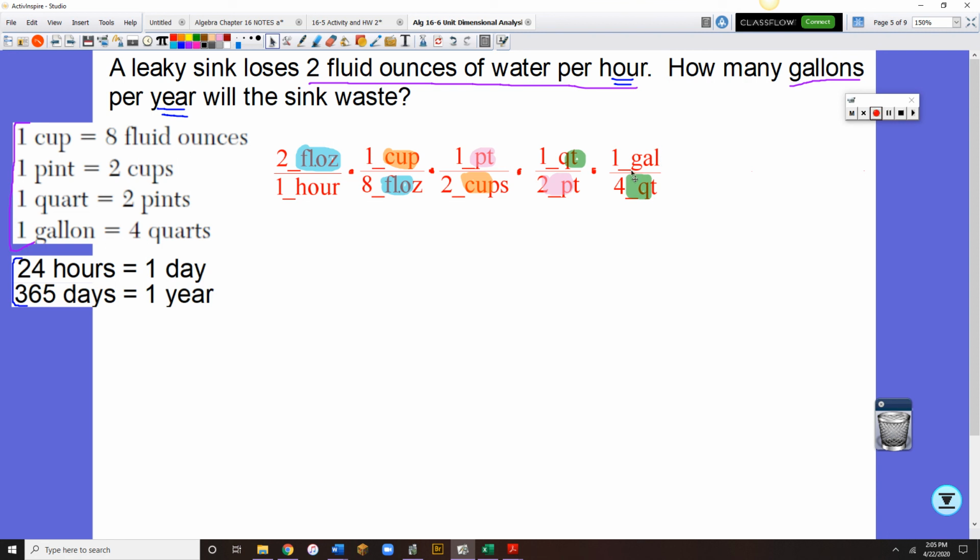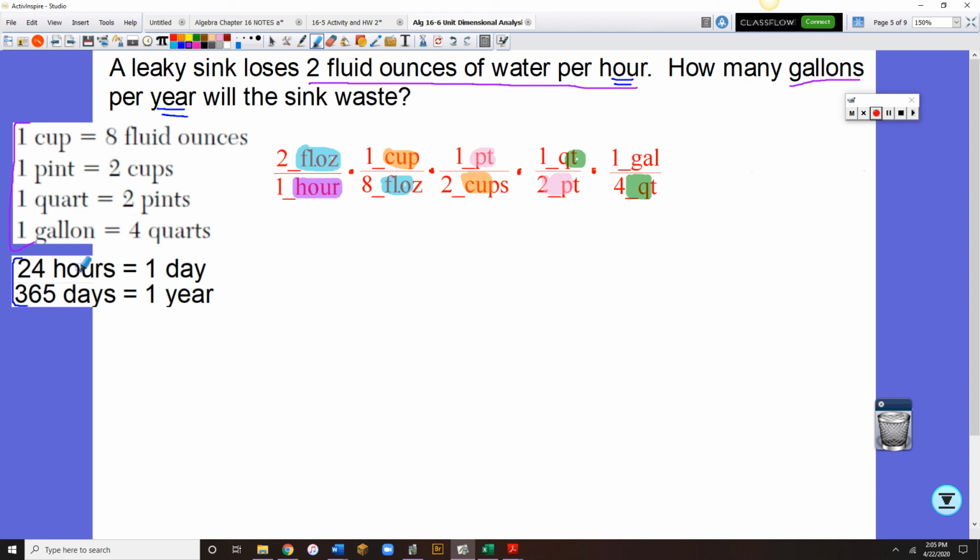Now we're going to multiply in the fractions for units of time. Okay, so the next fraction I'm going to have is where we're going to talk about the hours and the days. All right, now I already see hours, and I'm running out of colors here. I already see hours on the bottom here.